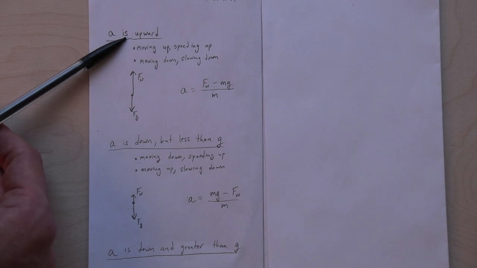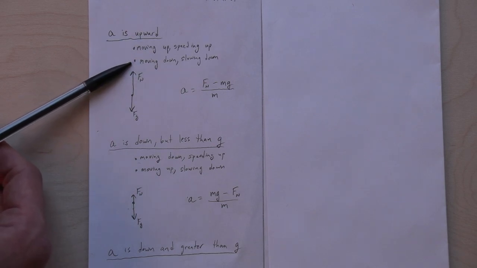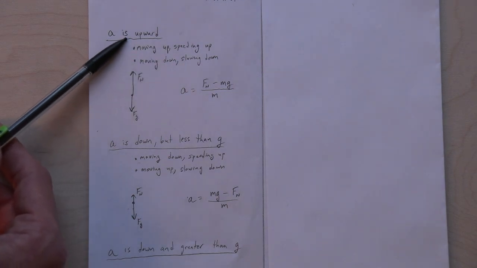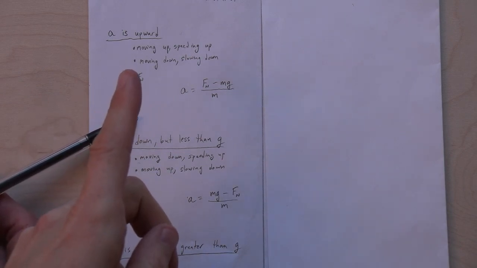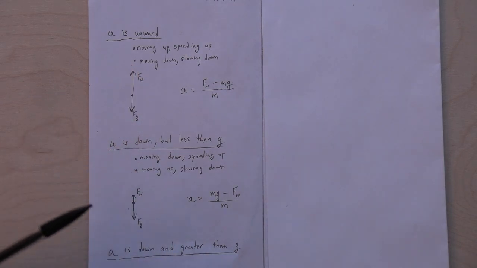Not as many people remember that you could also be moving down but slowing down, and that's upward acceleration. You're moving down, but your acceleration is the opposite way, so you're accelerating upward.